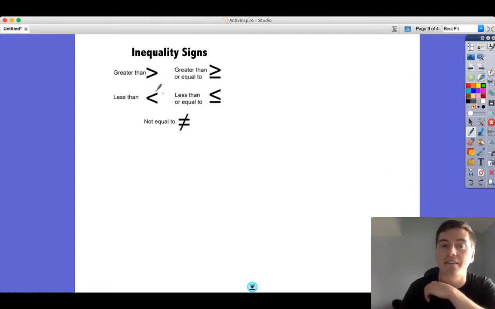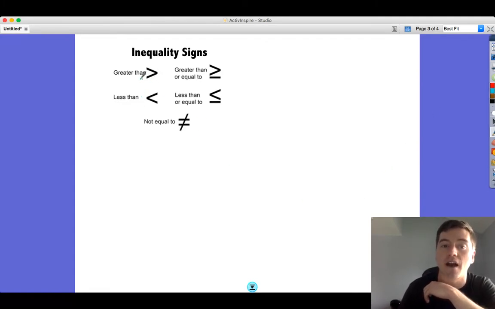So the signs, we've got greater than or equal to, and then less than or equal to, or just straight up not equal to. So we know that the mouth of this guy, the bigger side, is going to open to the bigger number.